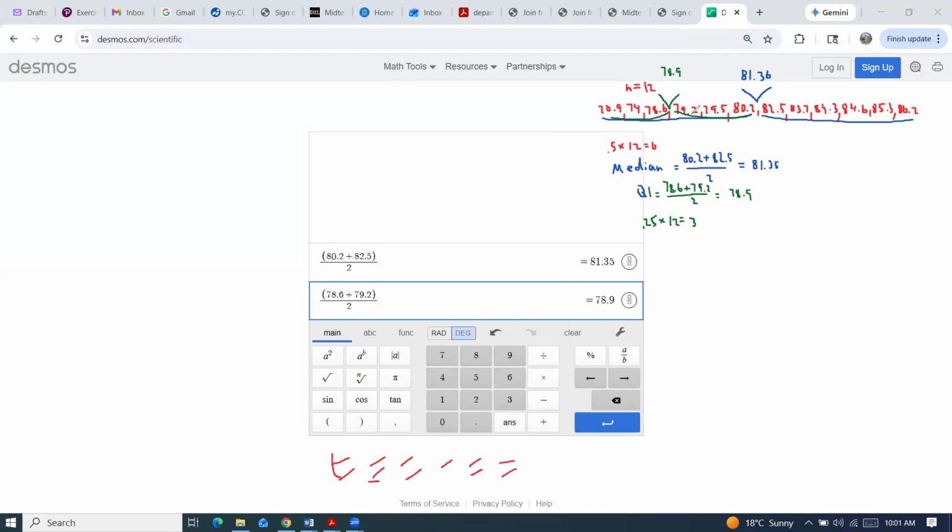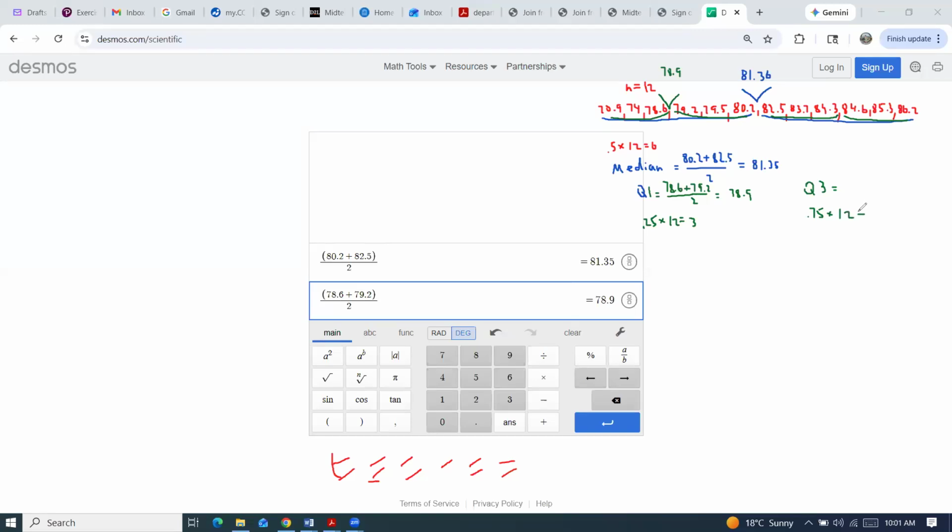People say it's the first quartile, and similarly we can find quartile number 3, because if you want to look at the 3 quarters, Q3, I will also get 3 quarters, or 75% of my sample elements of 12, and this will be 9.